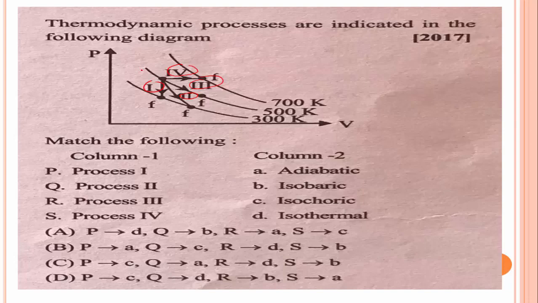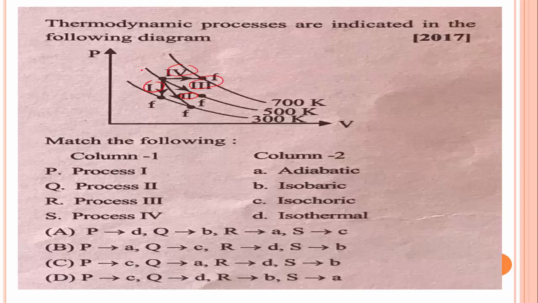In this diagram, P, Q, R, S are the 4 processes. There are totally 4 applications of the first law of thermodynamics: any thermodynamic system occurs in the form of isothermal, adiabatic, isochoric and isobaric.